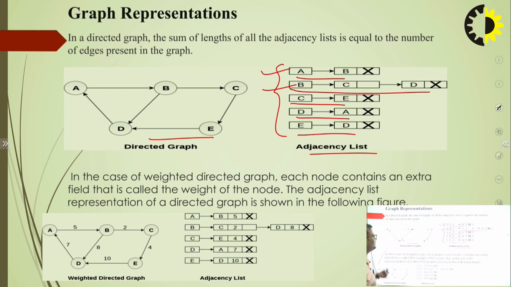In a directed graph, the sum of the lengths of all adjacency lists is equal to the number of edges present in the graph. Then this is the adjacency list of the weighted graph.